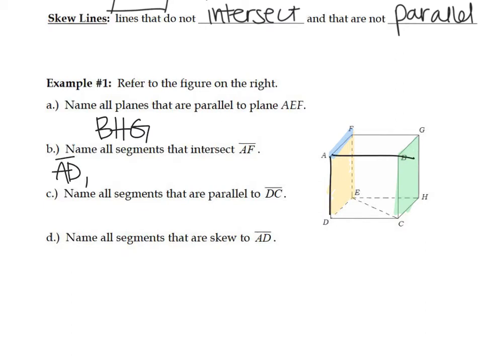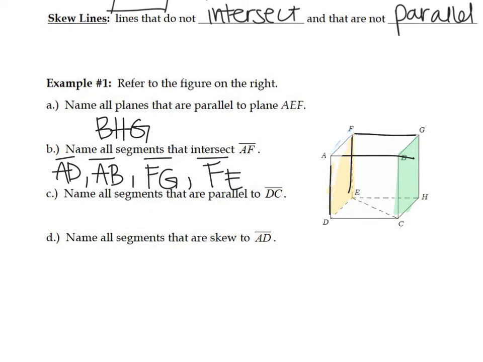Those are the only 2 segments that come off from A, and then from F, we have segments FG and FE. And those are all of the segments that intersect since they come off of each endpoint of our original segment, AF.